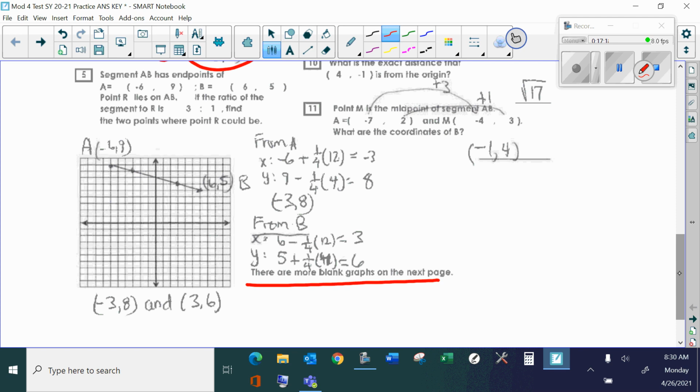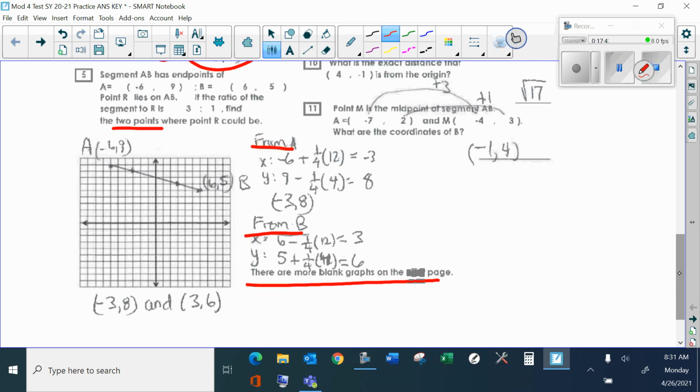This is back to our normal type that we've seen. We're identifying the 2 points where R can be now. We use the same ratio, so we have to go from A and from B. The only thing that's going to change is our starting coordinates of A and B, and then our signs will change. From A, plot -6, 9 here.